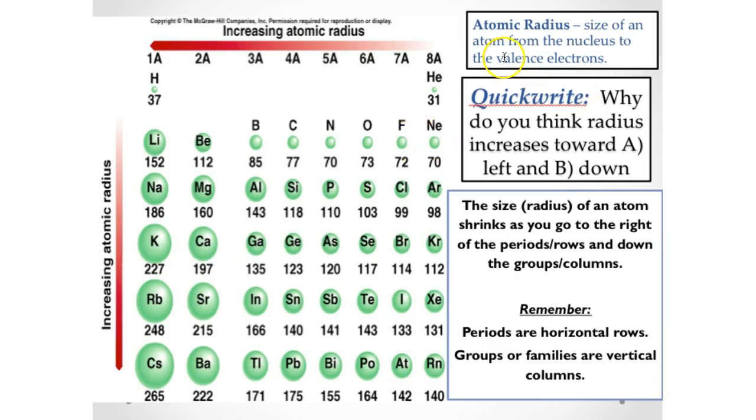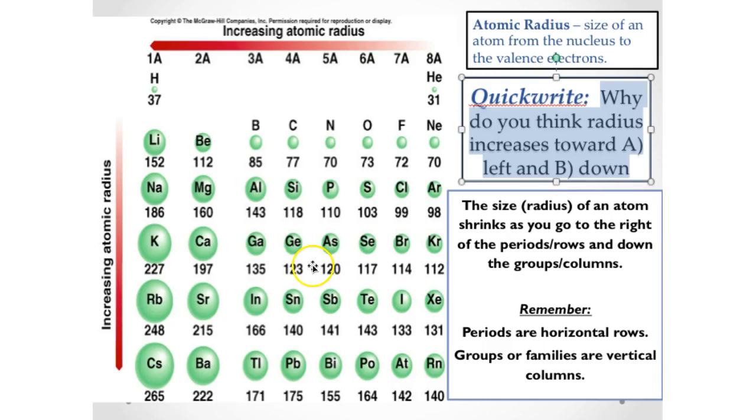Here's the first one. This represents the periodic table. As you look at this, you'll realize that as you move from the right to the left, the size of the atom increases, and then as you move down, it also increases. But my question here is why? Why do you think that's the case?